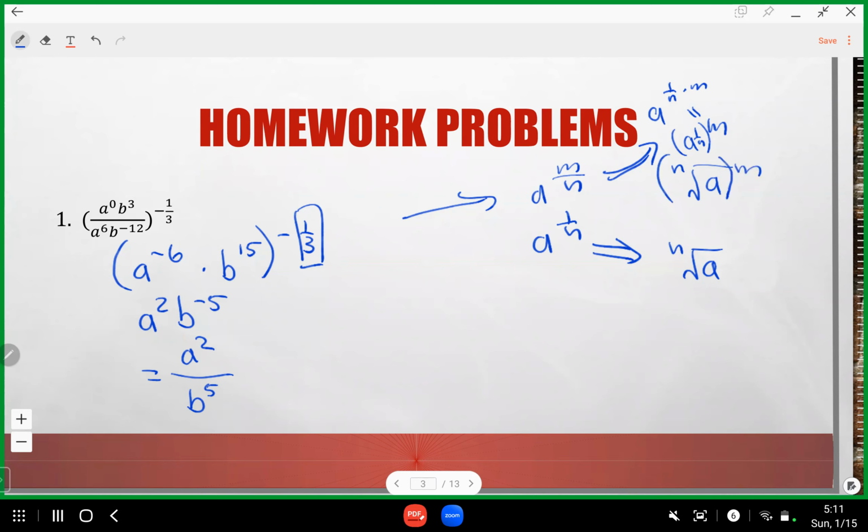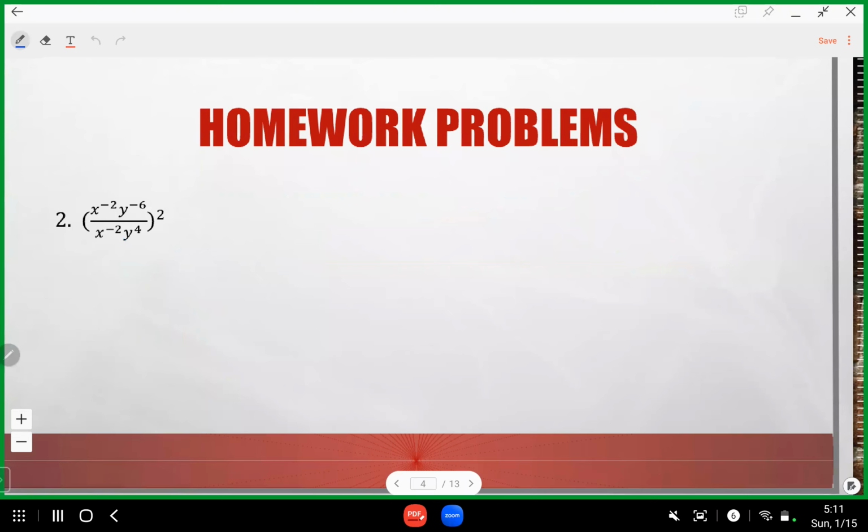That is what a to the m over n is, and that's all you need to know to understand. All right, so William, do you understand that? Yes. Okay. So it isn't too hard, and we won't be working with it too much, but that's basically what a fraction exponent is. Now let's go to number 2.